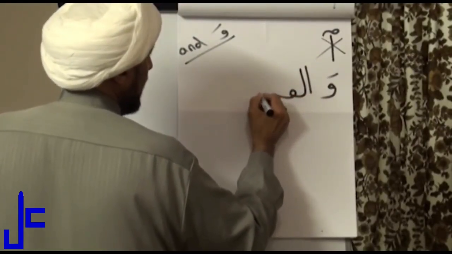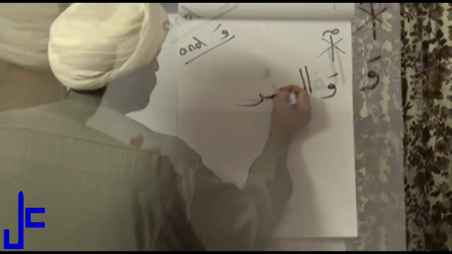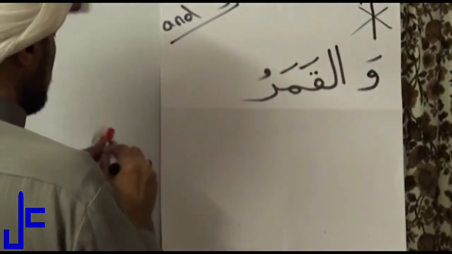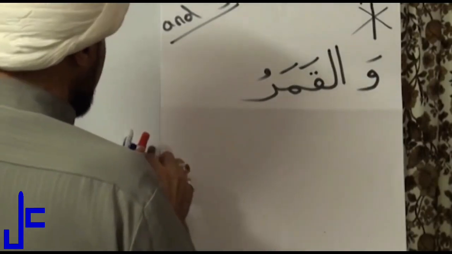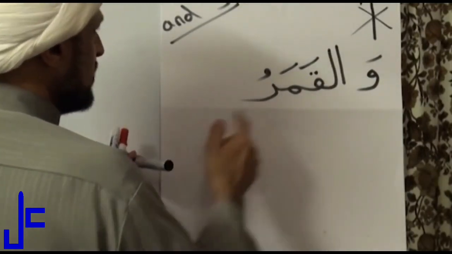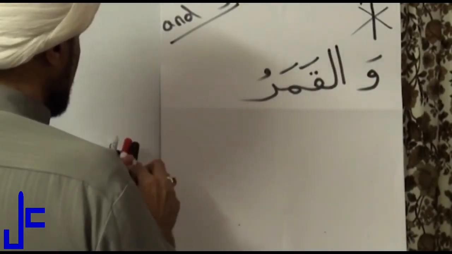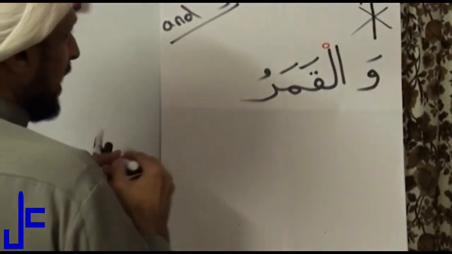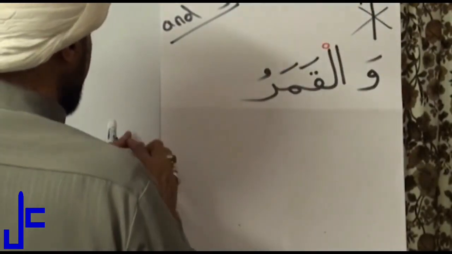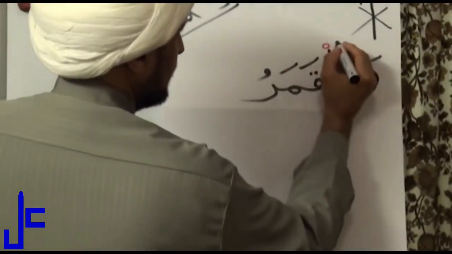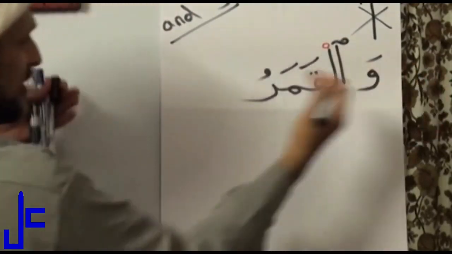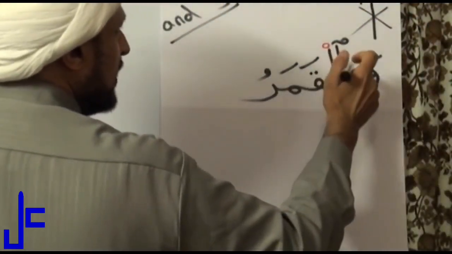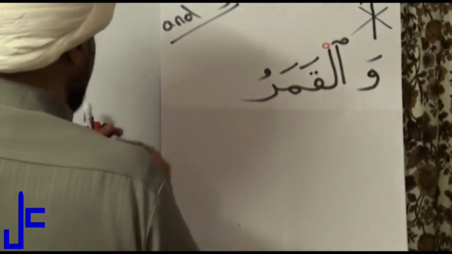Let me give you an example: wal qamar, "and the moon". Wal qamaru. Now here, remember, it's a moon letter, so the lam is pronounced. And this alif has this sign. Whenever there's something before this alif, this alif will go away.